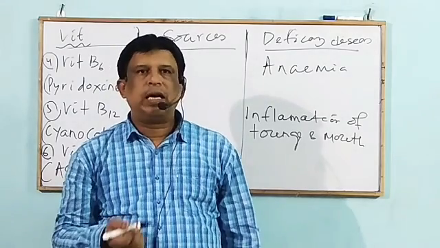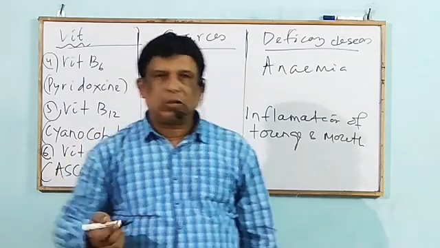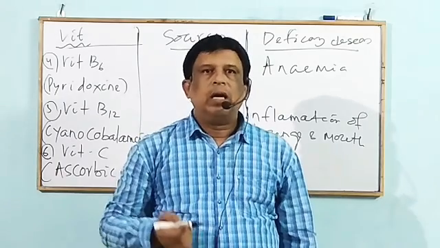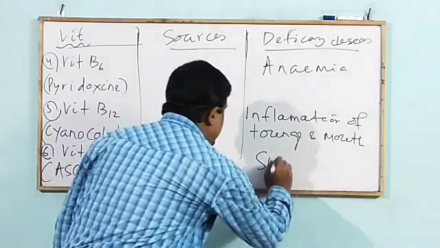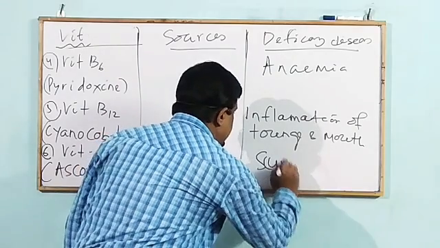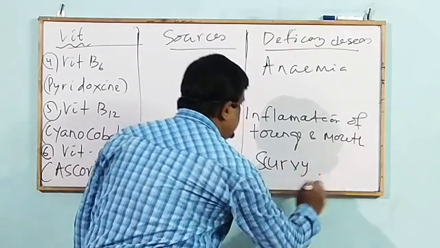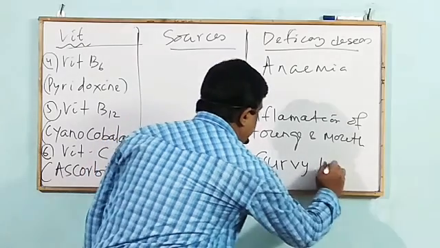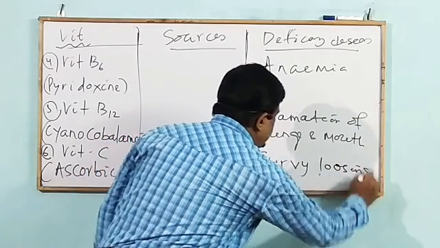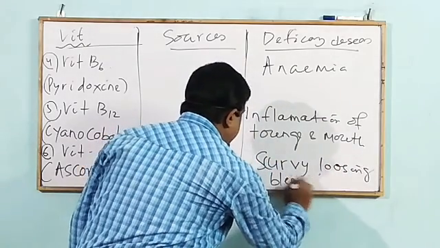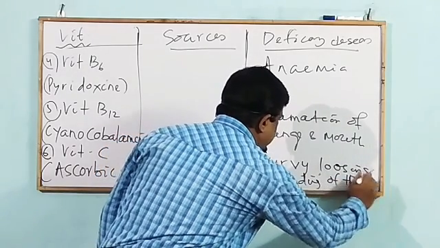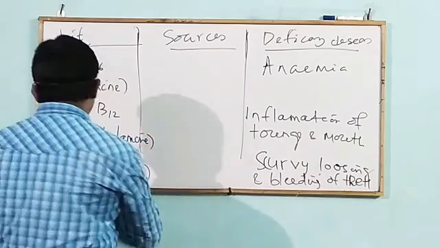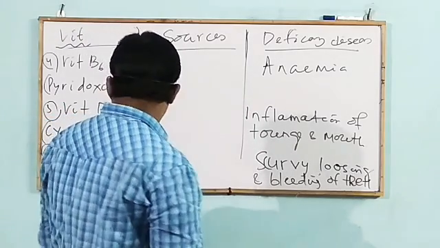The most important deficiency disease is scurvy, loosening and bleeding of teeth. That is vitamin C.